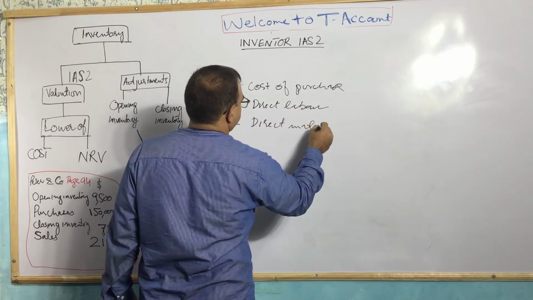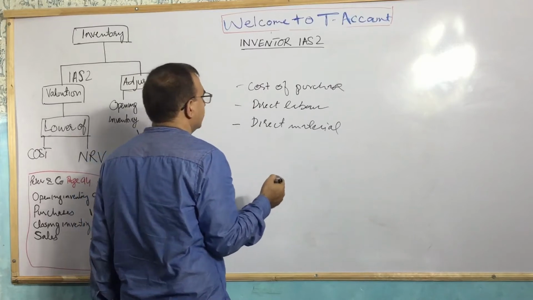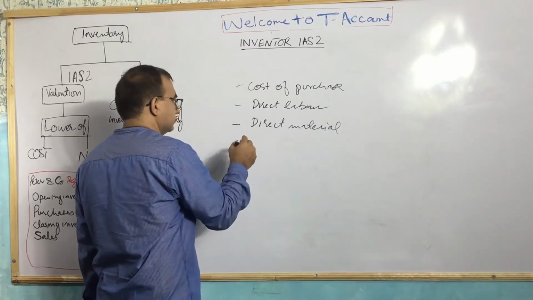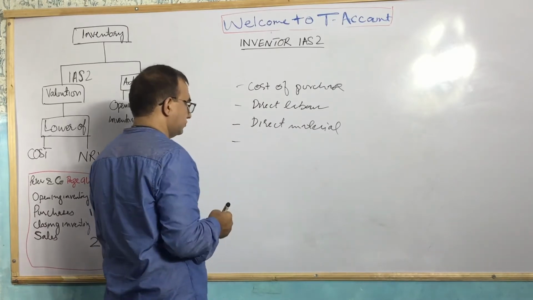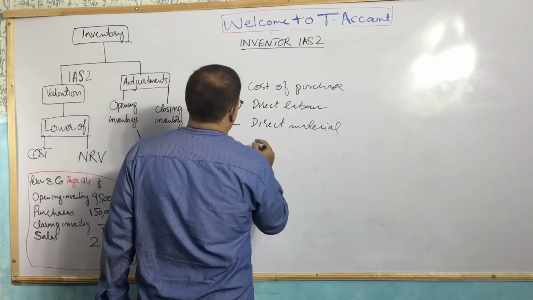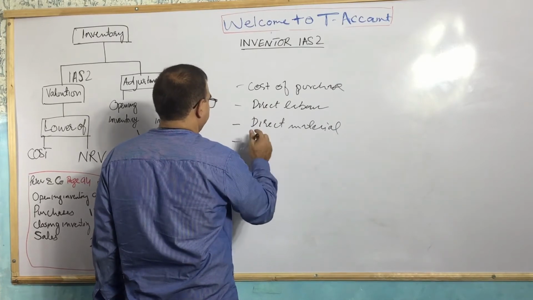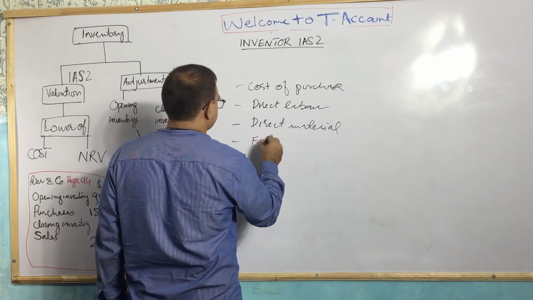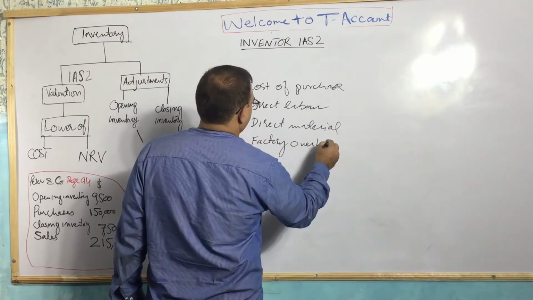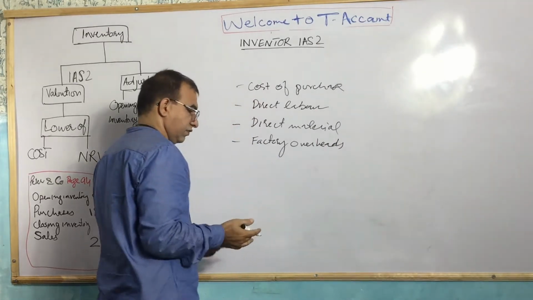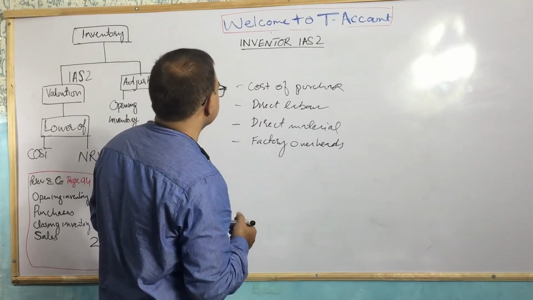If you are doing some process on the product or raw material you purchased, then you may have a conversion cost like factory overheads, factory depreciation, supervisor cost, things like that.